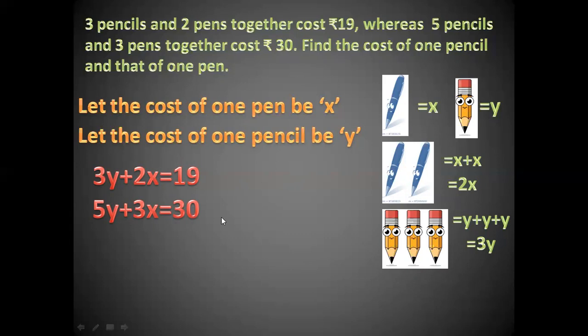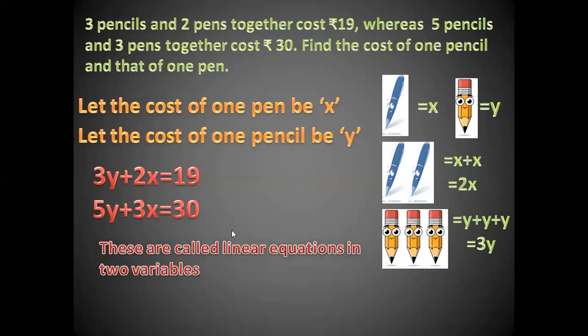Now you got the two equations. These equations are called linear equations in two variables. These are called linear equations because these are the equations with degree 1. Degree means highest power of the variable. Here the power of the variable is 1.